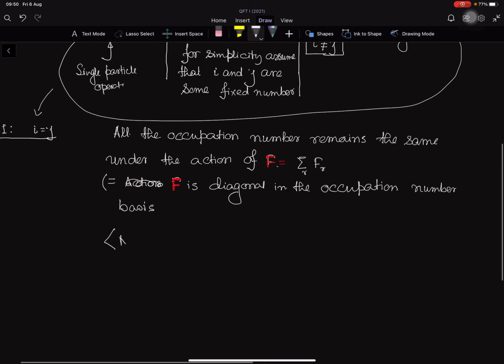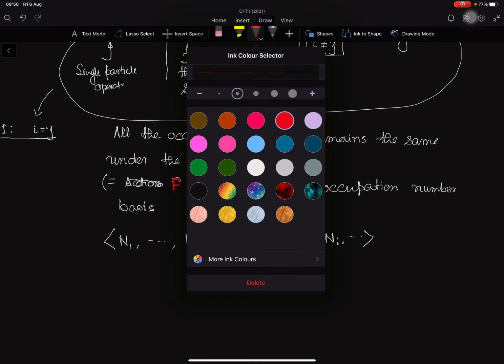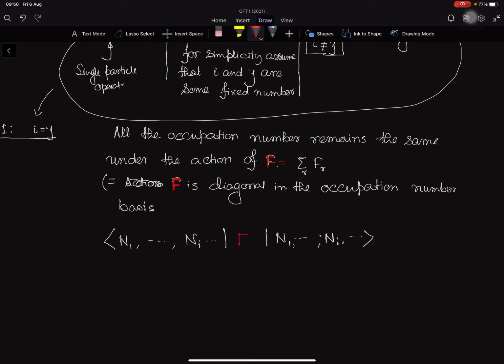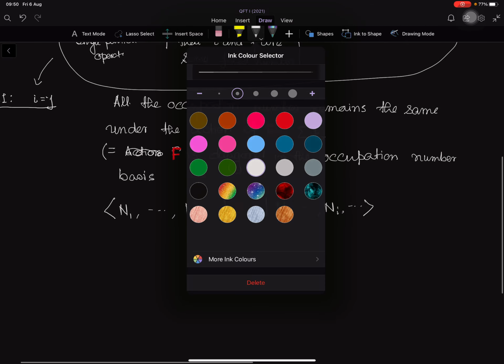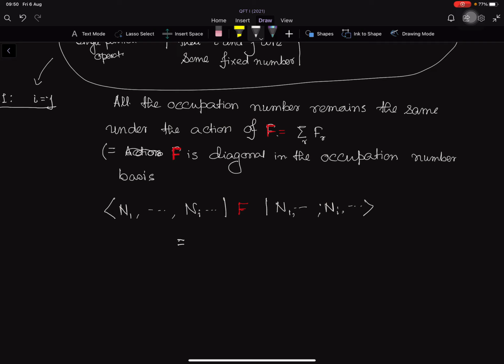So we take the multi-particle operator, and our claim is that this object is the same as Ni Fi.